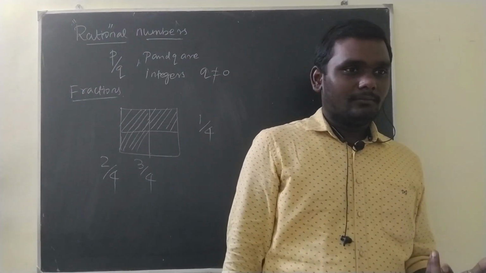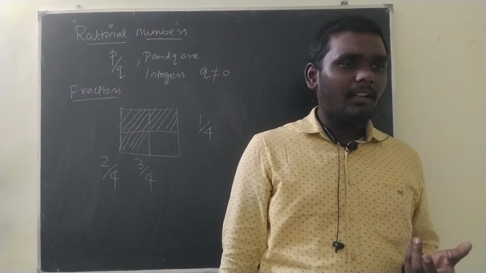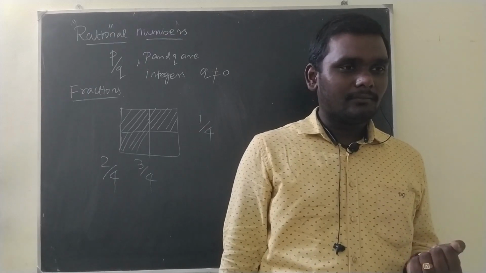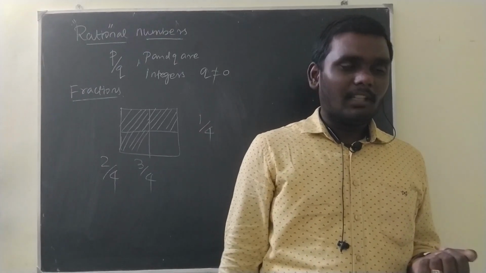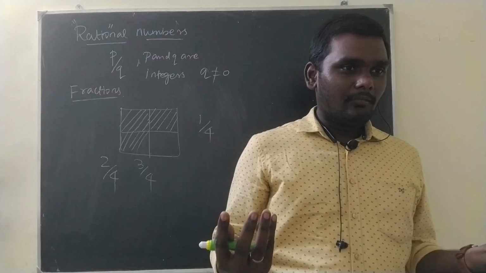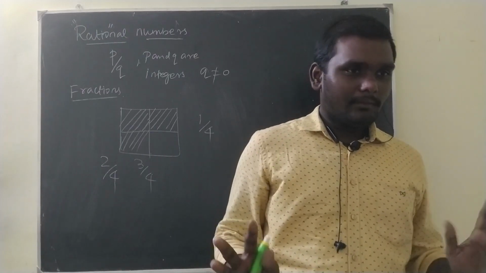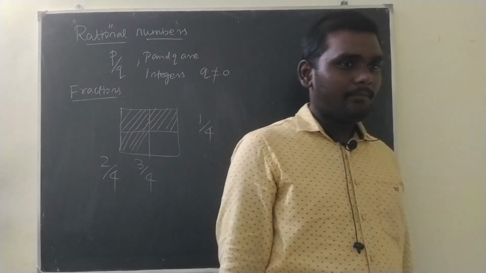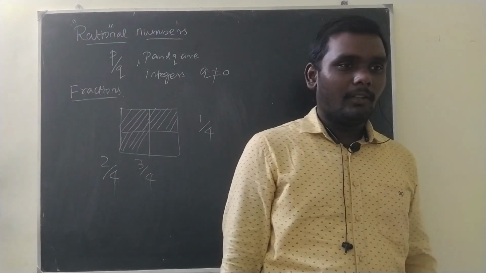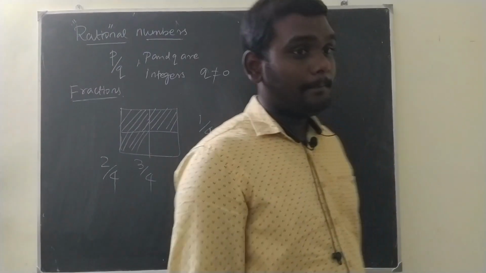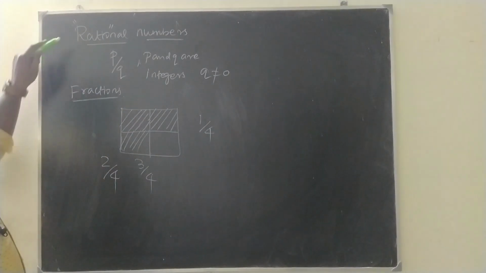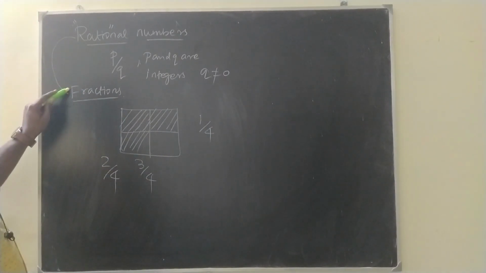If 0, which one will divide into equal parts? There is nothing. We can't split into anything. So, that is why division by 0 is strictly prohibited. And there is a difference between these rational numbers and the fractions.